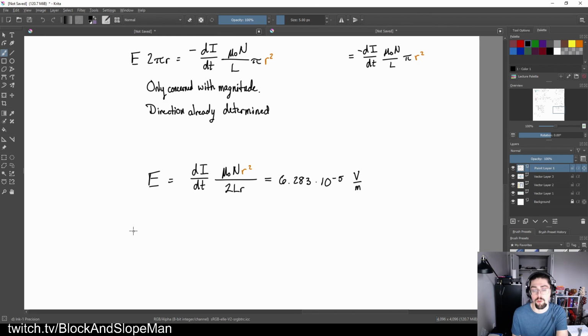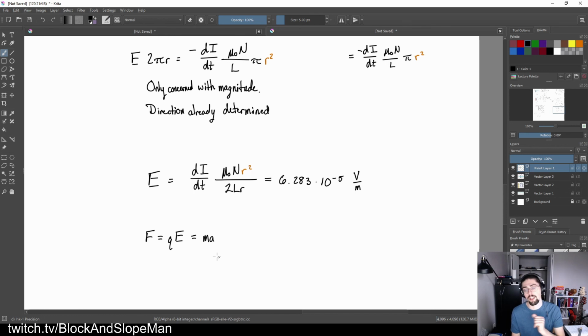The last thing we need to do is we're asked for the magnitude of the acceleration of the electron. Asking about that magnitude, we can say, okay, well, there is an electric field. That electric field creates an electric force, Q times E, which is equal to the mass times the acceleration of the electron. The mass of the electron is a given value.